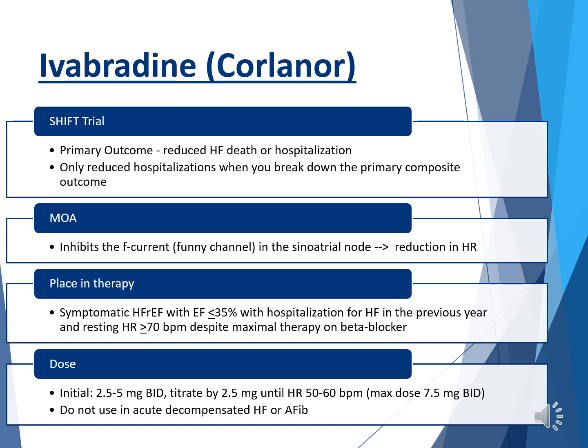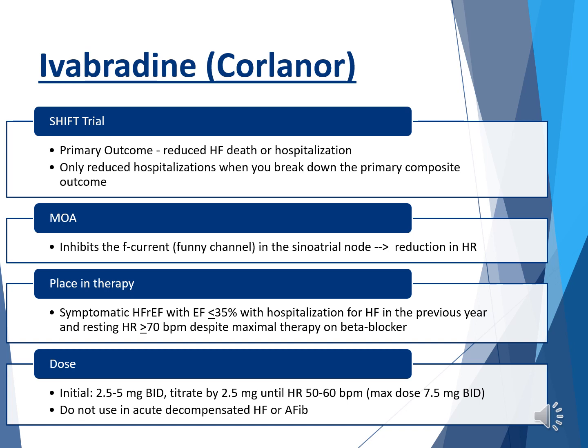Another drug that I would like to mention, since we are seeing this a little more in heart failure management, is the medication ivabradine, which is also known as Corlanor. In the SHIFT trial, ivabradine was shown to reduce heart failure death or hospitalization. Its mechanism of action is to inhibit the F current, also known as the funny channel, in the SA node, and with that you have a reduction in heart rate.